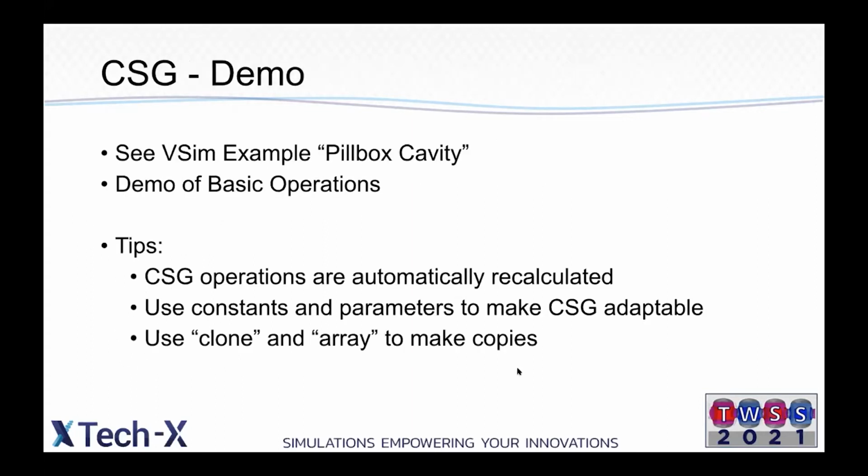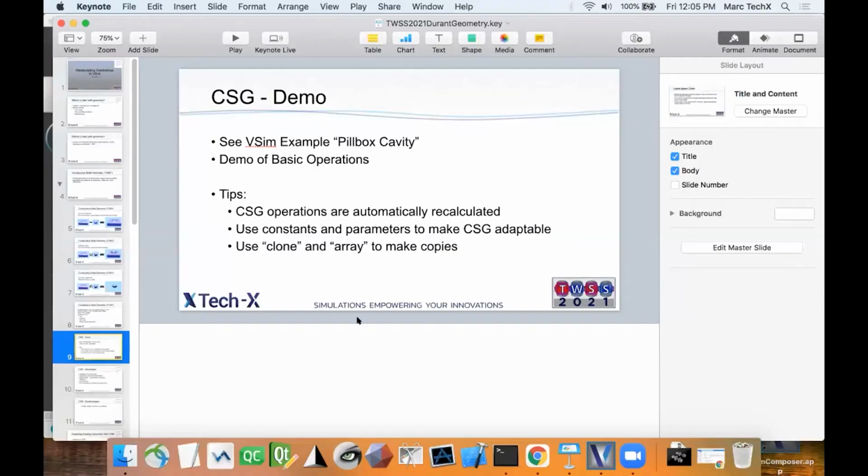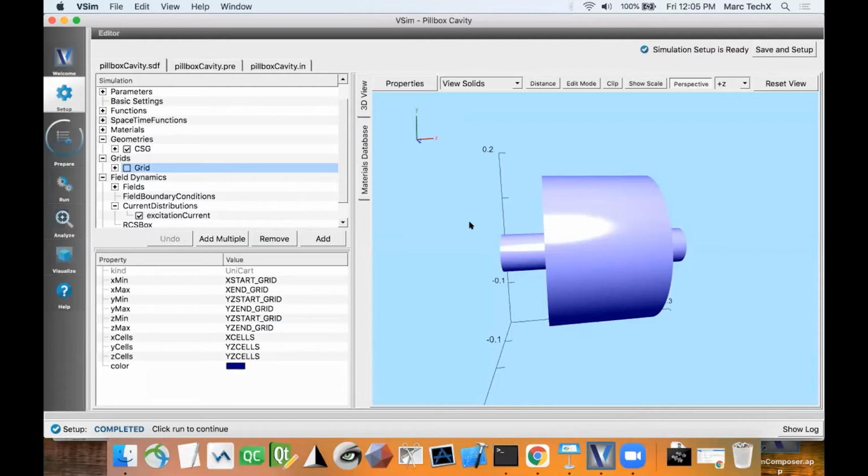So let's take a look at what CSG looks like in VSim. I have open one of our built-in examples. This is a great way to get started with something in VSim that perhaps you're not as familiar with.